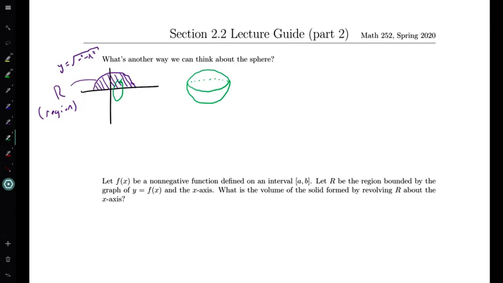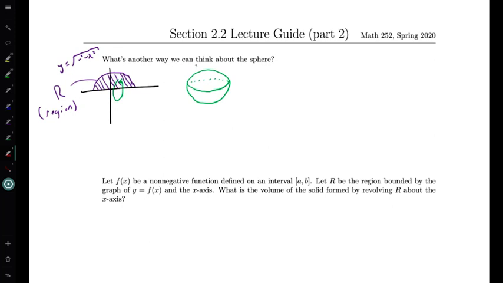So this is one way that we can create the sphere, by taking this region R and rotating it about the axis. And what we want to talk about is how we can take advantage of knowing how the solid was formed in order to compute its volume in a reasonable way.